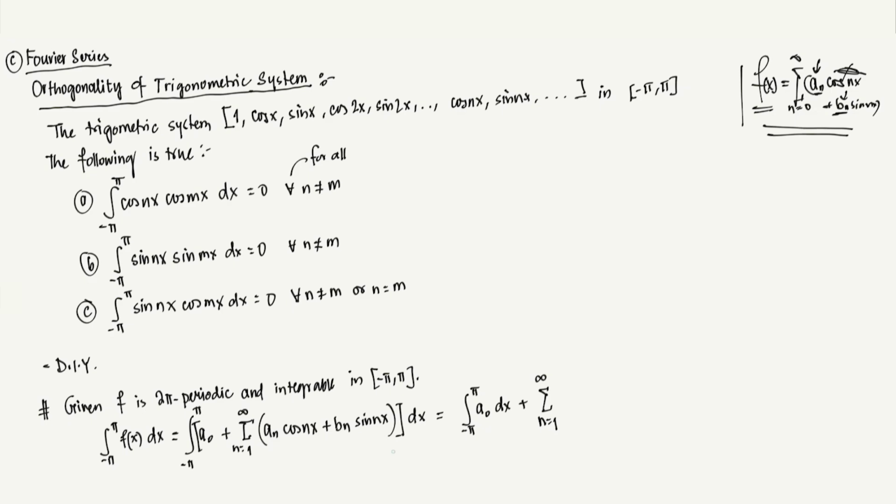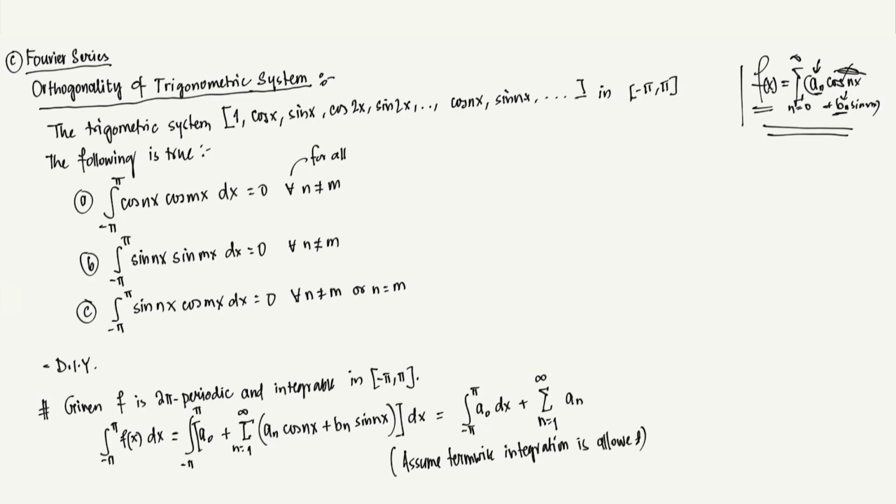For now, let's just assume that this is allowed. So assume term-wise integration is allowed. So if we assume something like this, then we can do this integration term by term, right?